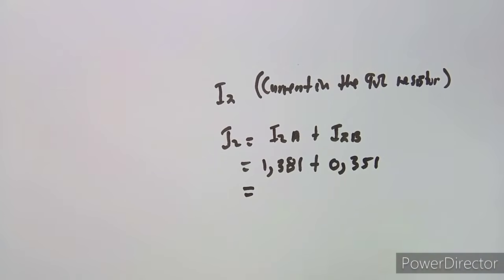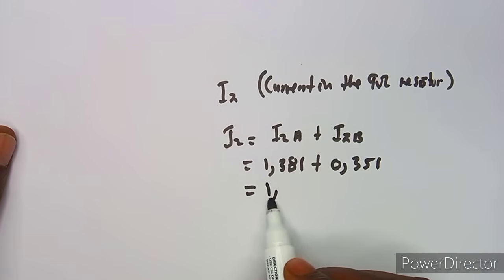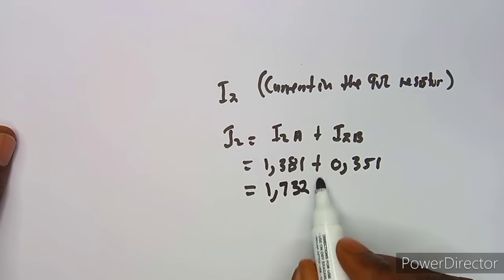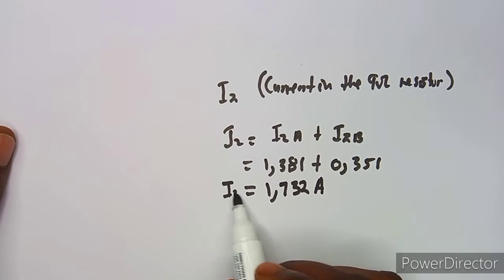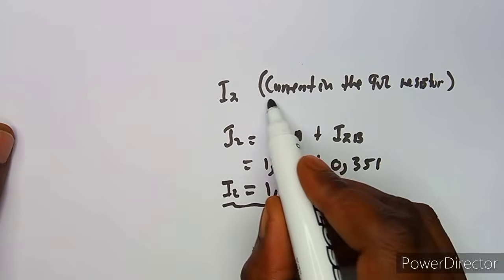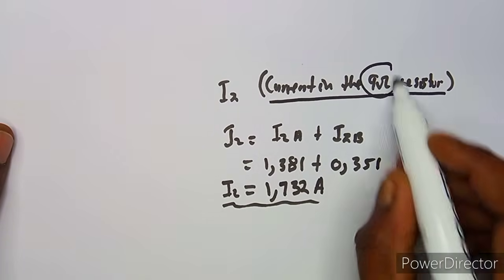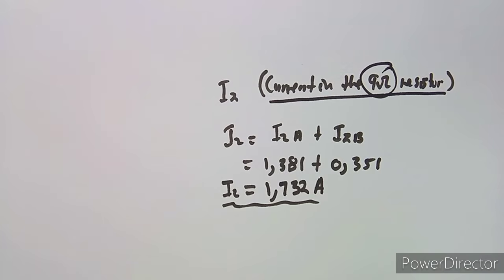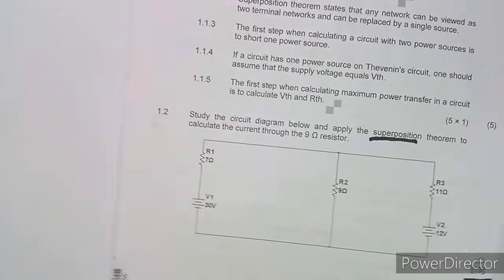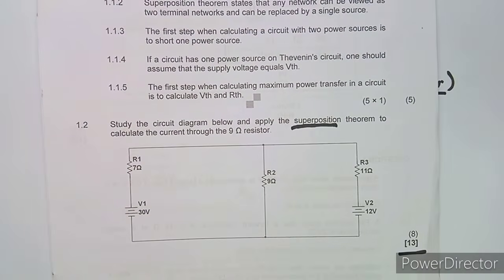So we now add the two, which is going to give us 1.732 amps. So that is now I2, the current in the 9 ohm resistor, the one that you are being asked to calculate. That's how these questions on superposition mostly go, these are the steps that you're supposed to take.